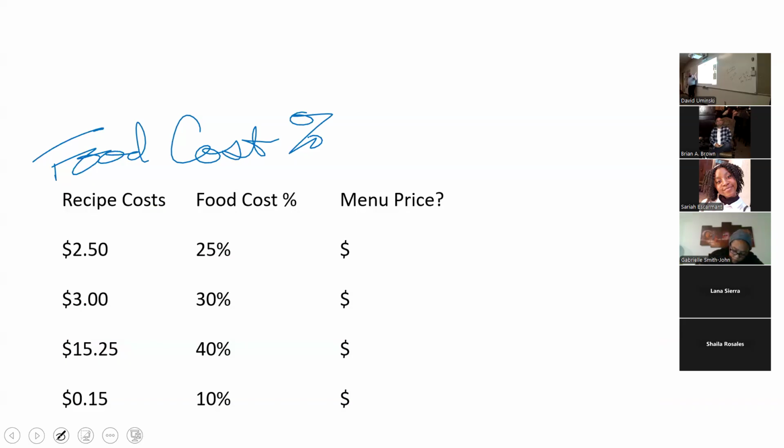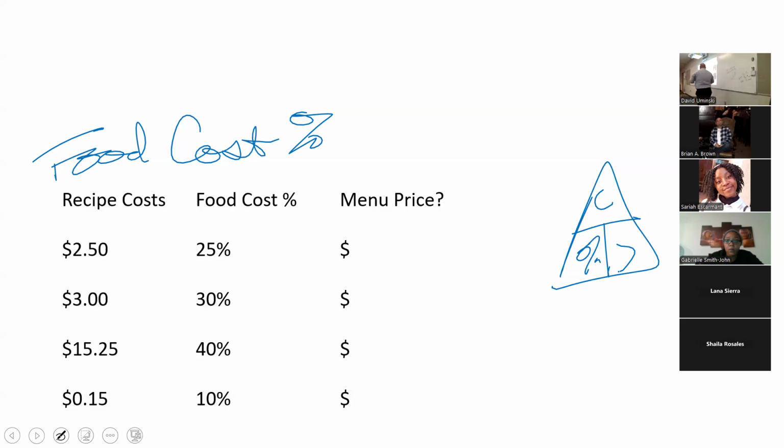We use the triangle tool for the food cost percentage method. So whatever our food cost percentage is, we use that triangle: our cost, percent, and sales. If you're following along on the notes, 2A is food cost percentage, and we use the triangle tool.